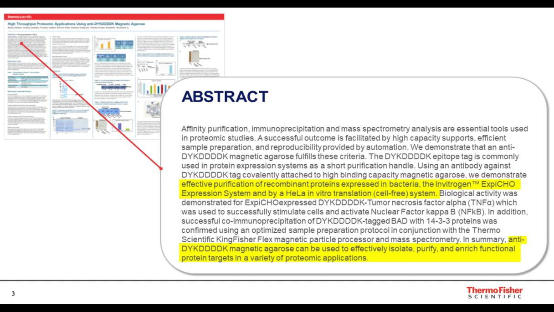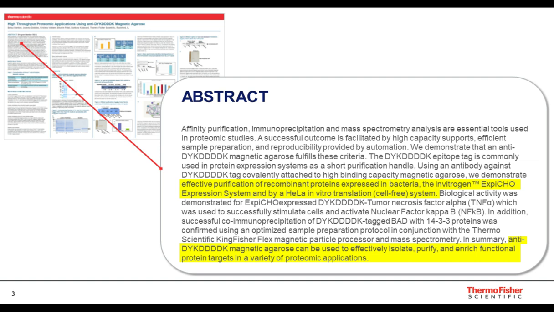The flag tag is a highly versatile tag in that it can be inserted onto the N or the C terminus of proteins that are expressed in bacterial, mammalian, yeast, and insect cells, as well as in vitro expression systems. The flag tag is recognized by a high-affinity rat monoclonal antibody that is covalently attached to our high-capacity magnetic agarose.